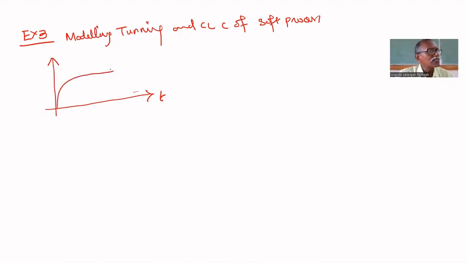Am I correct or not? First order response. Second order, what is the difference between first order and second order? Here, you can notice that the angle is 90 degree. For second order, it is not 90 degree. That is the difference. Otherwise, both are looking same.